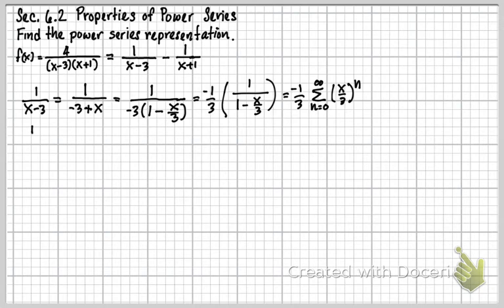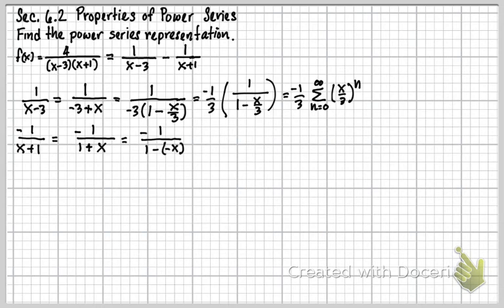So the next one's just going to be the 1 over, and you could take the negative along with it if you want, but then realize I'm adding. So x plus 1. So that's going to equal negative 1 over 1 plus x. And this is really negative 1 over 1 minus, or I should say, minus a negative x.